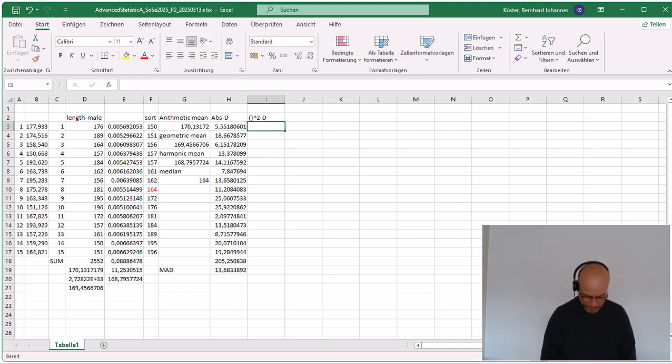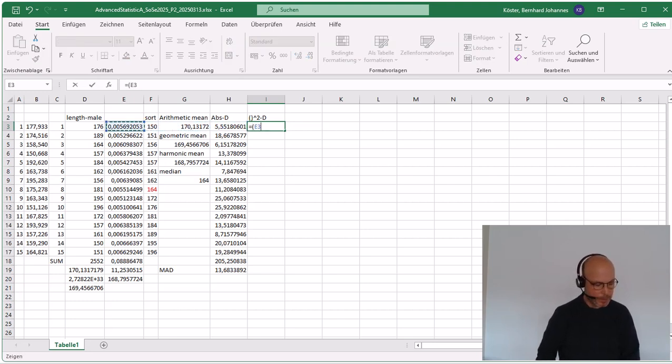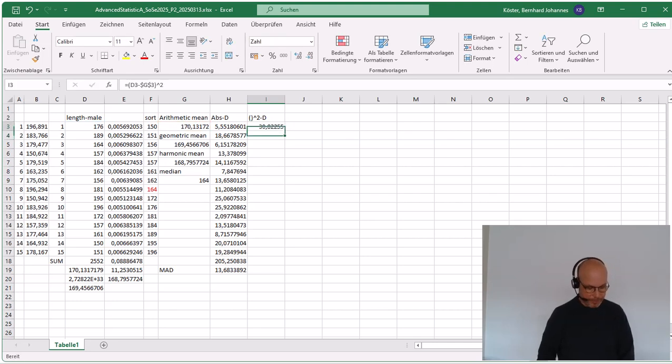Squared distance, so equals again 176 minus arithmetic mean. There you can use F4 in order to get these two dollar signs, and squared.